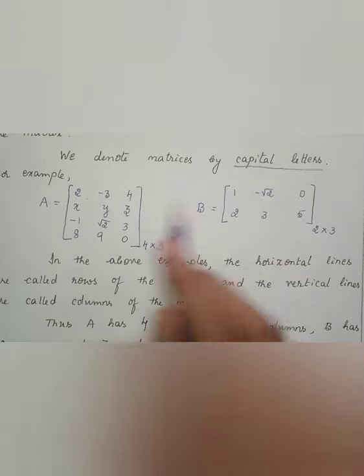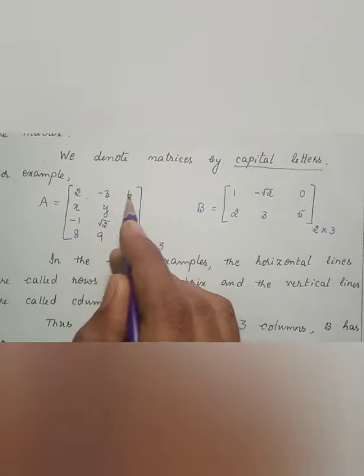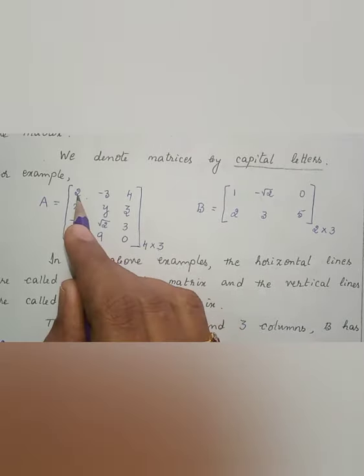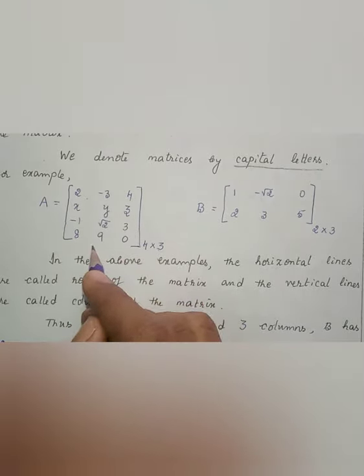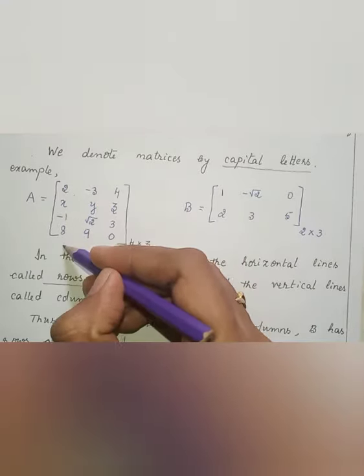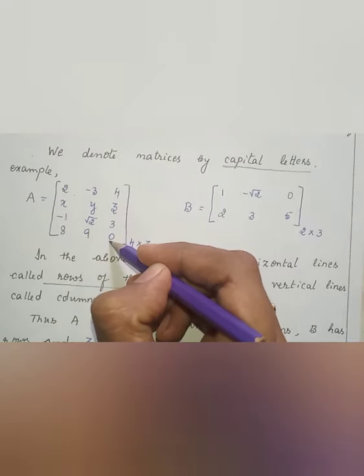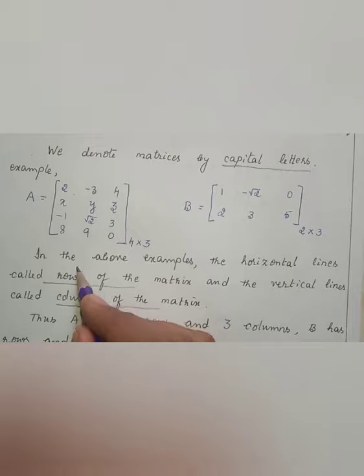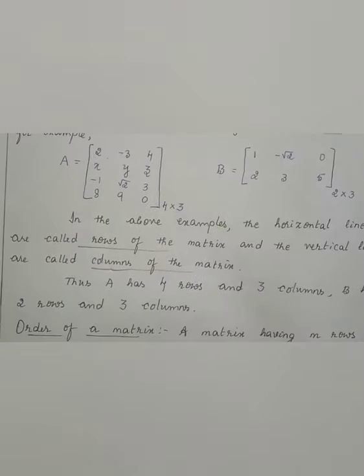In these examples, these are all horizontal lines. There are 4 horizontal lines here. These horizontal lines are called the rows of a matrix, and the vertical lines are called columns of a matrix.